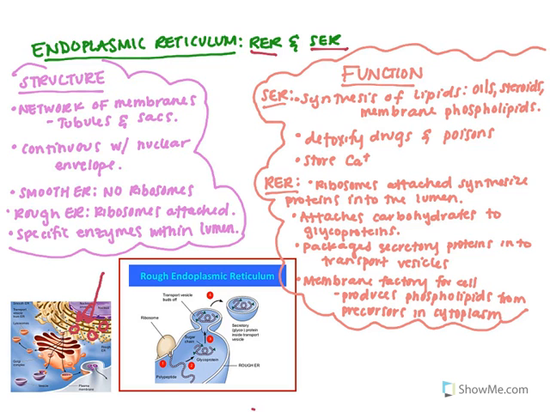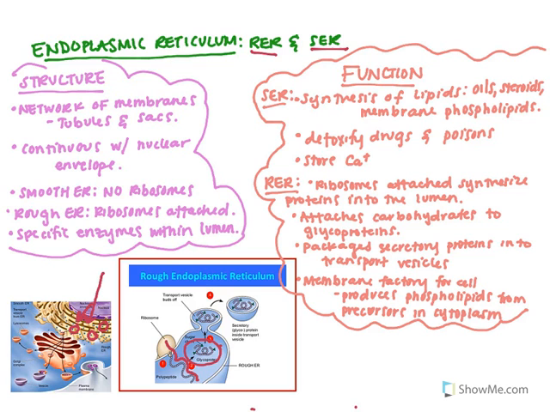So with these ribosomes attached to the outside of the rough ER, you're making the polypeptide chain directly into the lumen of the endoplasmic reticulum. What's really cool about that is inside of the endoplasmic reticulum are specific enzymes that help the protein fold.